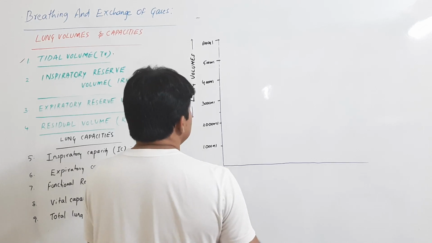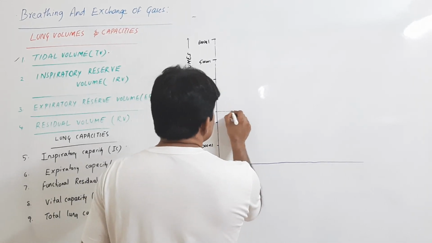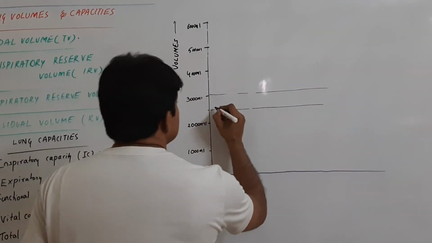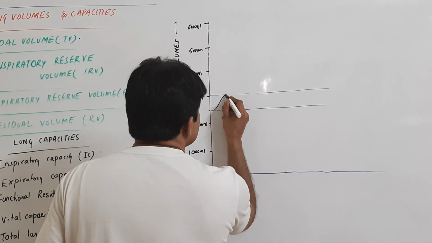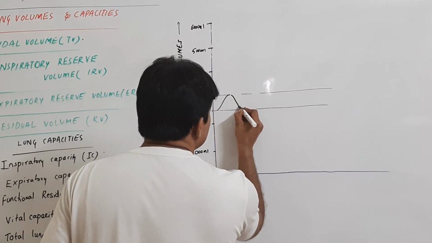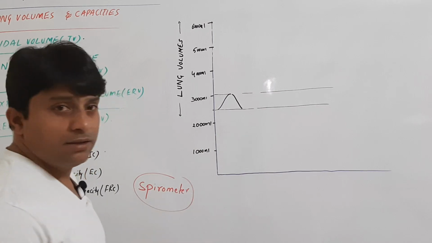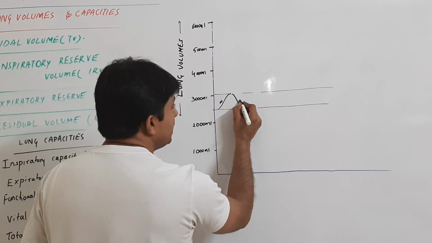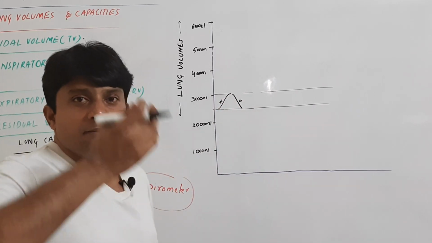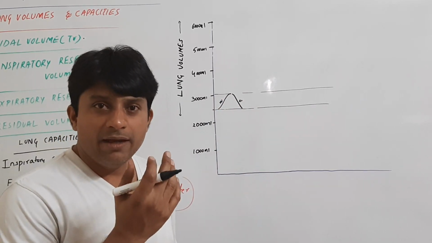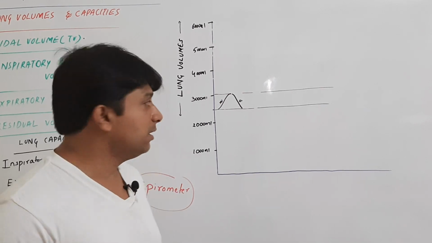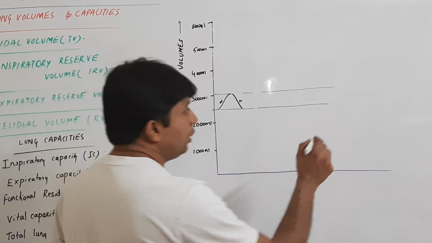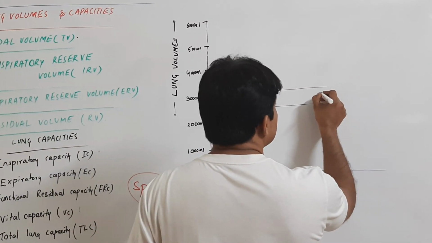Tidal volume is the volume of the air that is inspired or expired during a normal quiet breathing. This is called your inspiration and this is expiration. Volume of the air that is inspired and volume of the air that is expired under a normal quiet breathing is called tidal volume, and tidal volume is approximately, right?